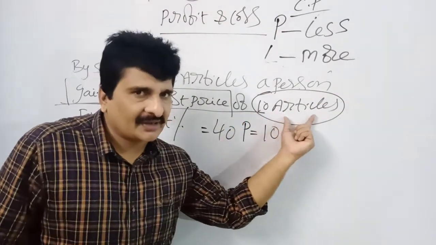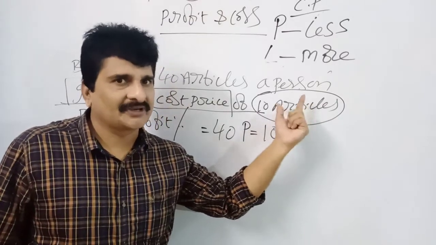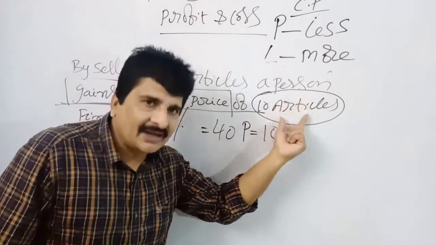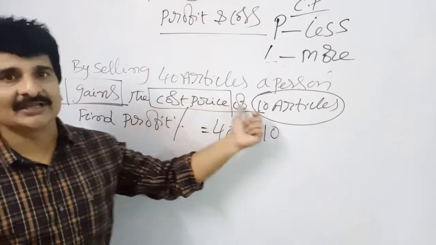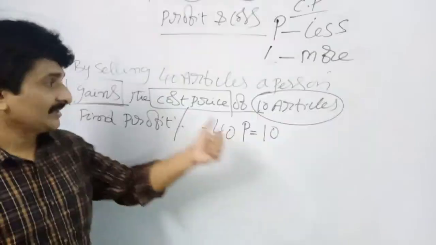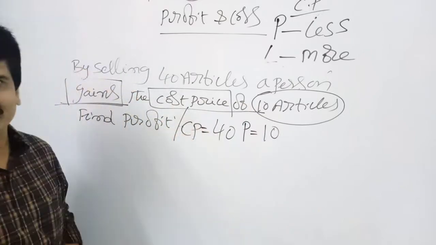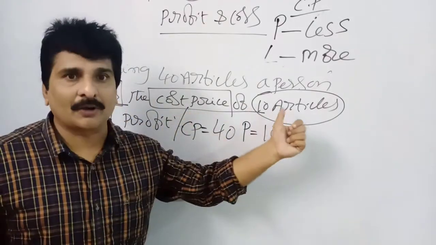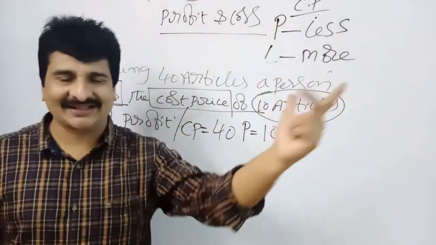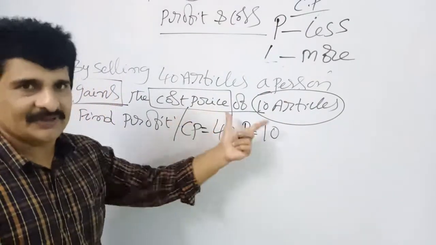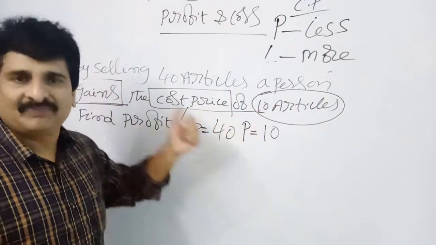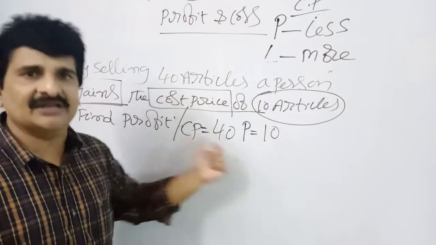Before the articles he mentioned as the profit or loss, he mentioned either CP of or SP of. If he mentioned CP of, this value will become CP. If he mentioned SP of, this value will become SP. That's all.